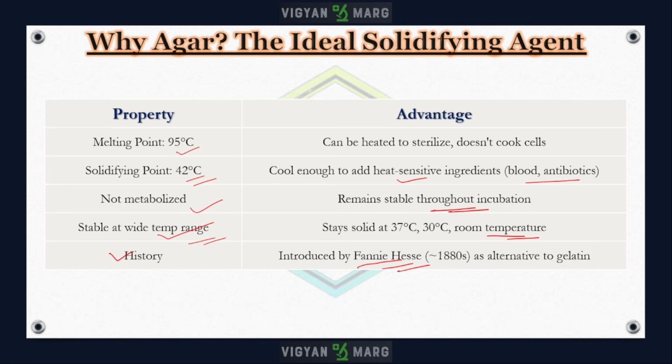Gelatin melts at 28 to 30 degrees Celsius, which is the main drawback of gelatin, and it is also degraded by some bacteria, making it impractical for experiments. Agar solved both problems and has remained the gold standard for experimental analysis.